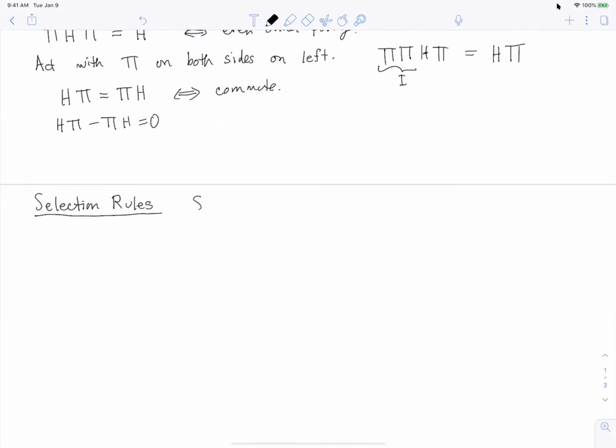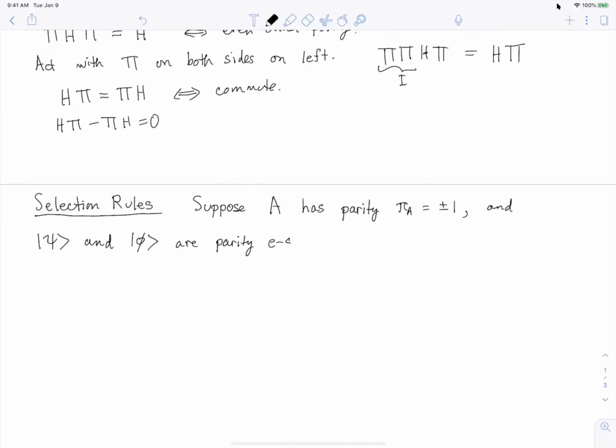Okay, so suppose that you have an operator A, and it has well-defined parity, which just means that the number pi_A is either plus or minus 1. And suppose that you're talking about states, psi and phi, that also have well-defined parity. So these are parity eigenstates.